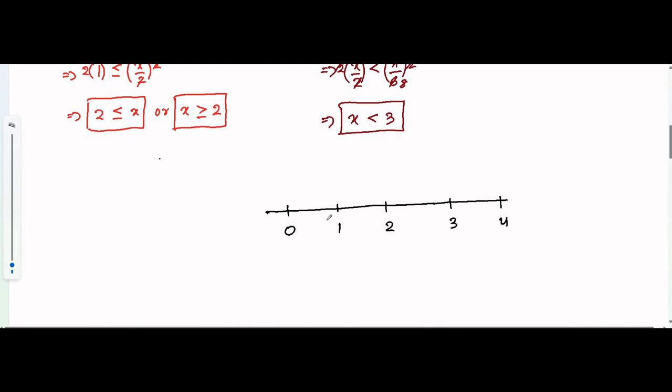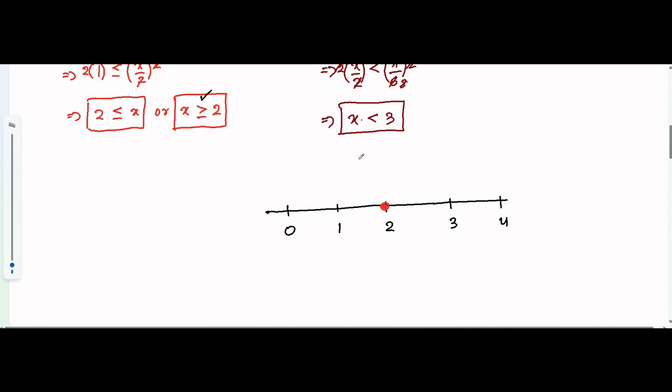So here again you see x is greater than or equal to 2. So for this greater than or equal to sign, at 2 we have to include a darkened solid circle, because this 2 is also part of the solution, so it is a darkened circle.